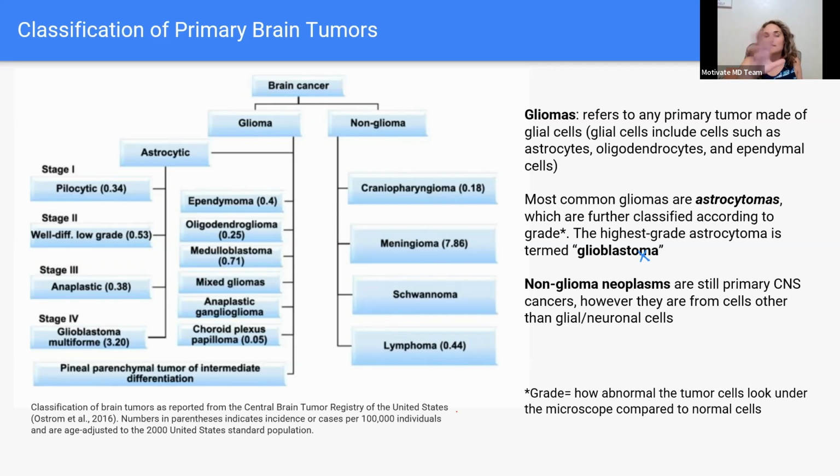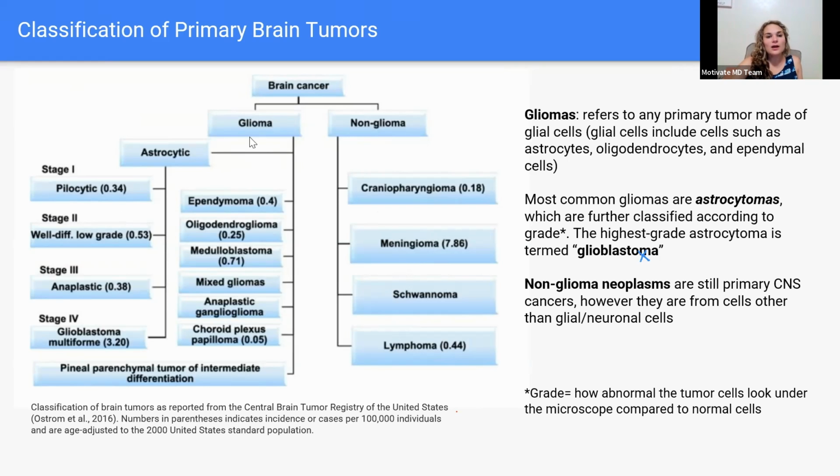All of those cells that do those particular jobs are called glial cells. So if the tumor is from a glial cell, it's called a glioma. Now, if a tumor is not from a glial cell, but from something else in the central nervous system, for example, meningeal cells, it's called a non-glioma.